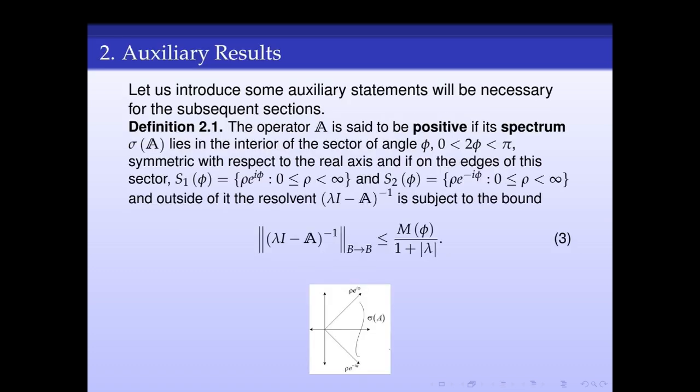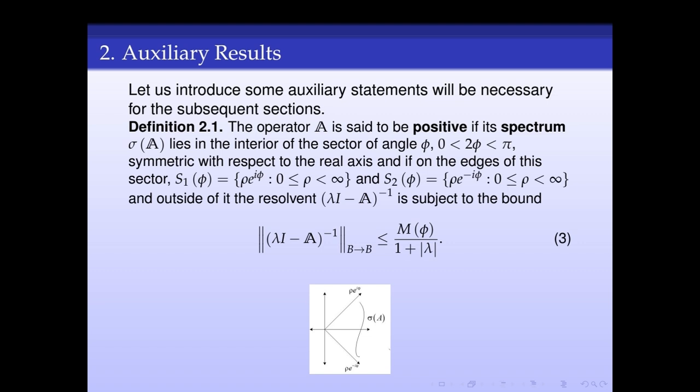Let us introduce some auxiliary statements that will be necessary for the subsequent sections. First, we will define a positive operator with spectral angle. The operator is said to be positive if its spectrum sigma A lies in the interior of the sector of angle phi symmetric with respect to the real axis, and if on the edges of the sector S1, S2 and outside it, its resolvent is bounded, so it satisfies estimate 3.